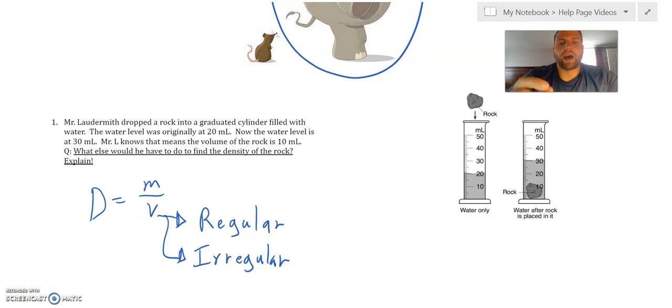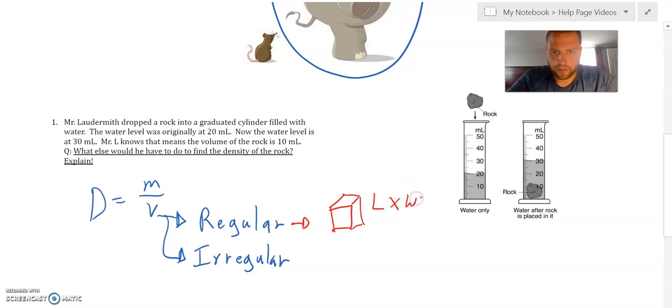A regular shaped object will either be a cube or a rectangle, okay? So any kind of six-sided geometric shape, and what we can do with geometric shapes is multiply the length by the width by the height. So let's write that out. Length times width times height.